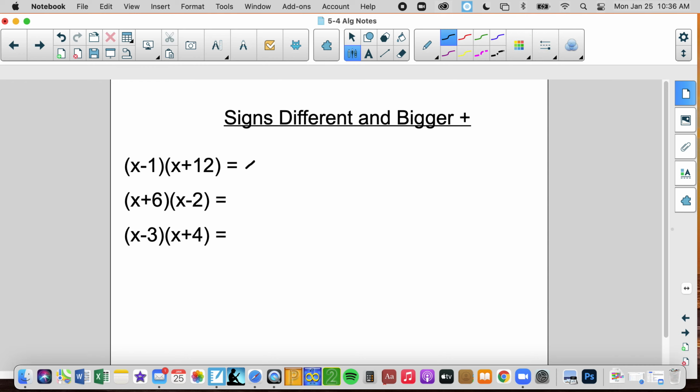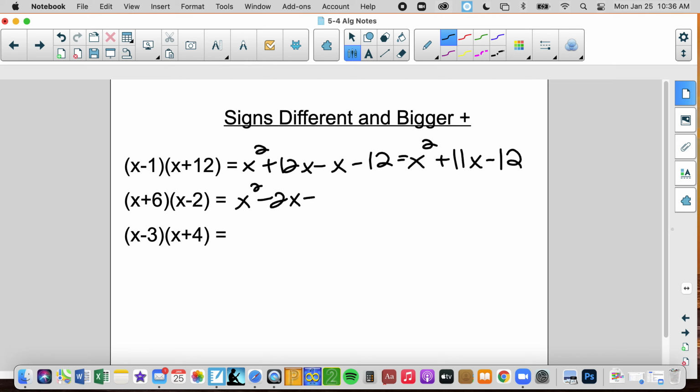So my firsts, my outside, my inside, and my last. That produces x squared plus 11x minus 12. My firsts, my outside, my inside, and my last. That produces x squared plus 4x minus 12.